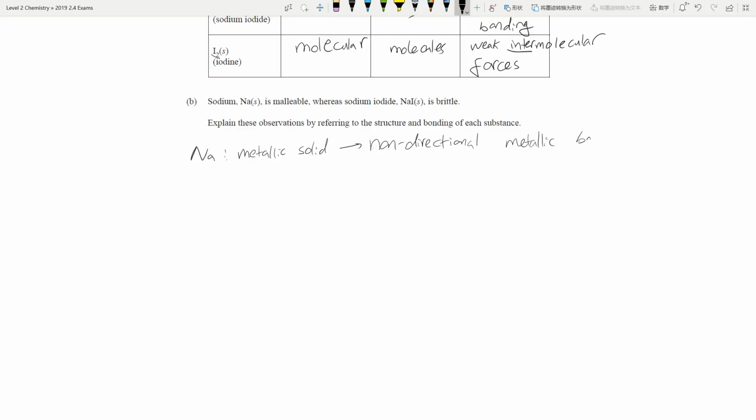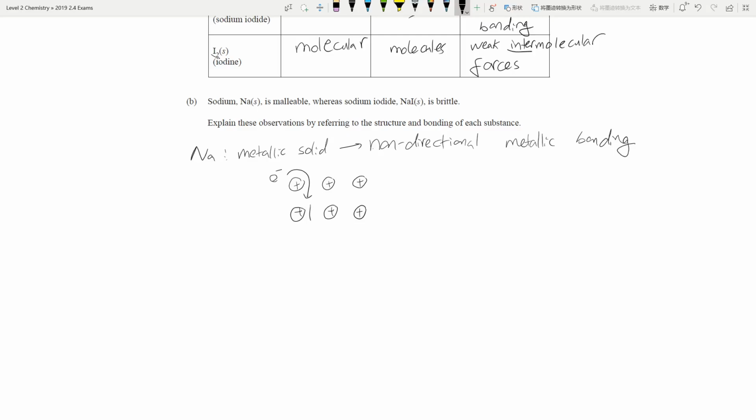Now I'm just going to draw a diagram to showcase this, and then you can look at the model answers that I typed up, combined with the NCEA marking schedule. What it looks like, I can only draw it in 2D. This is a positive nucleus in a metallic solid, and you just have layers and layers of these metal cations in a 3-dimensional structure, and then you have delocalized electrons, or some texts will say a sea of delocalized electrons.